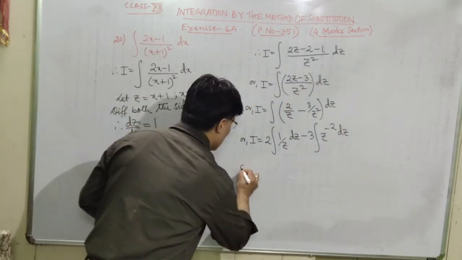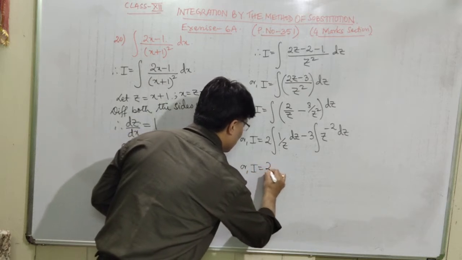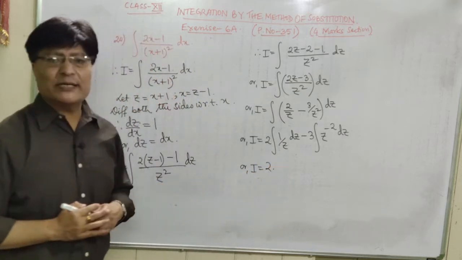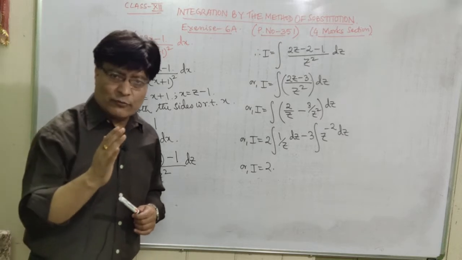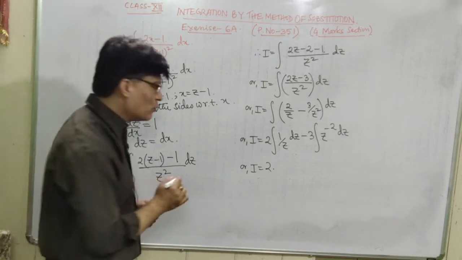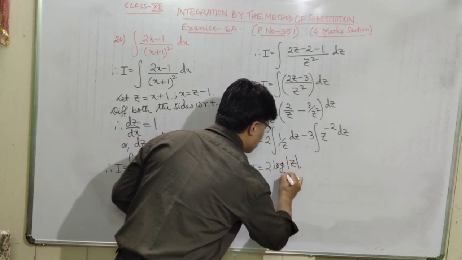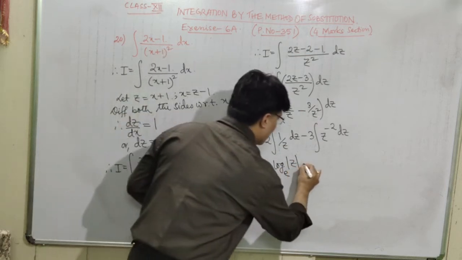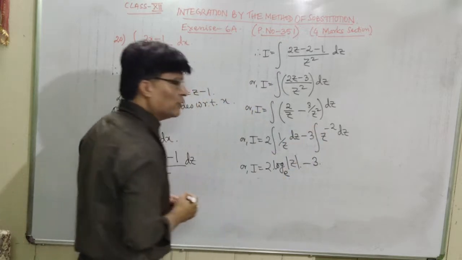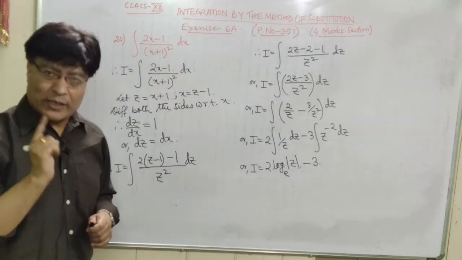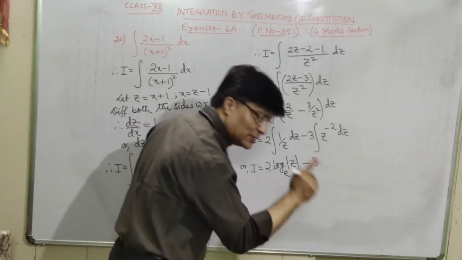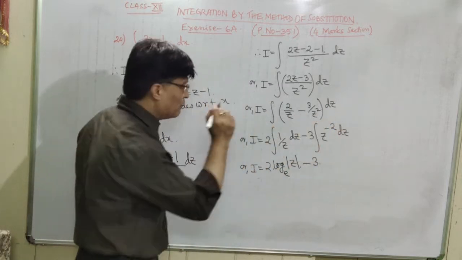Or I is equal to 2 into, what is the integration of 1 by z? Or differentiation of which function is 1 by z? It is log mod z. So the integration of 1 by z is log mod z to the base e, minus 3 into, it is just like your x to the power n. What is the integration of x to the power n? It is x to the power n plus 1 divided by n plus 1.